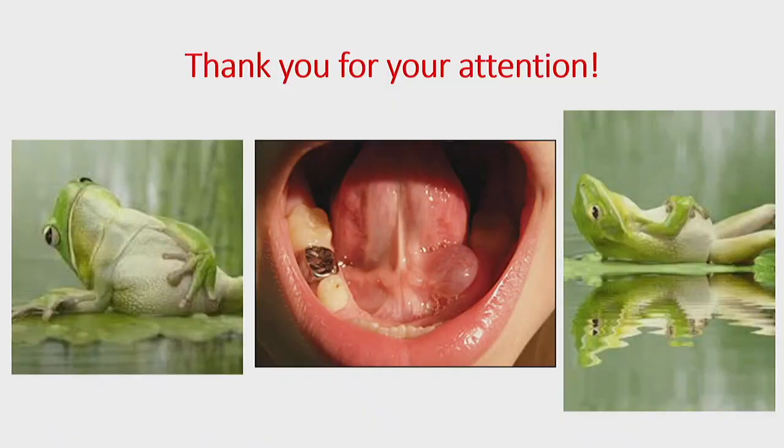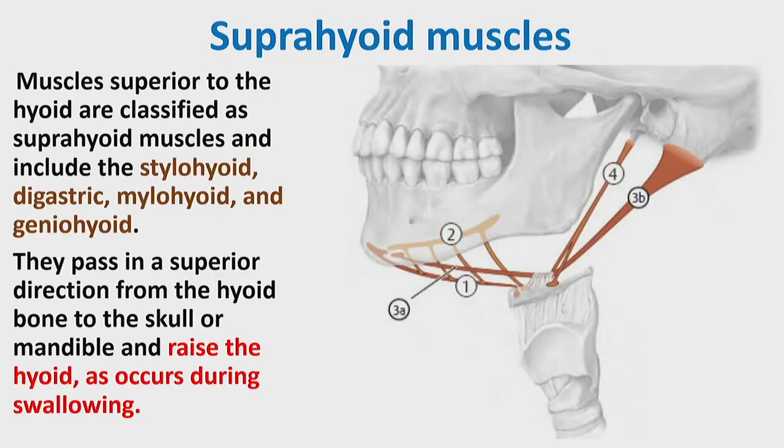So this is the first term, and then the following that we already discussed, most of them, the suprahyoid muscles. We said that generally they are the muscles above the hyoid bone, and there are 4 muscles: stylohyoid, anterior and posterior belly of the digastric, mylohyoid, and geniohyoid.